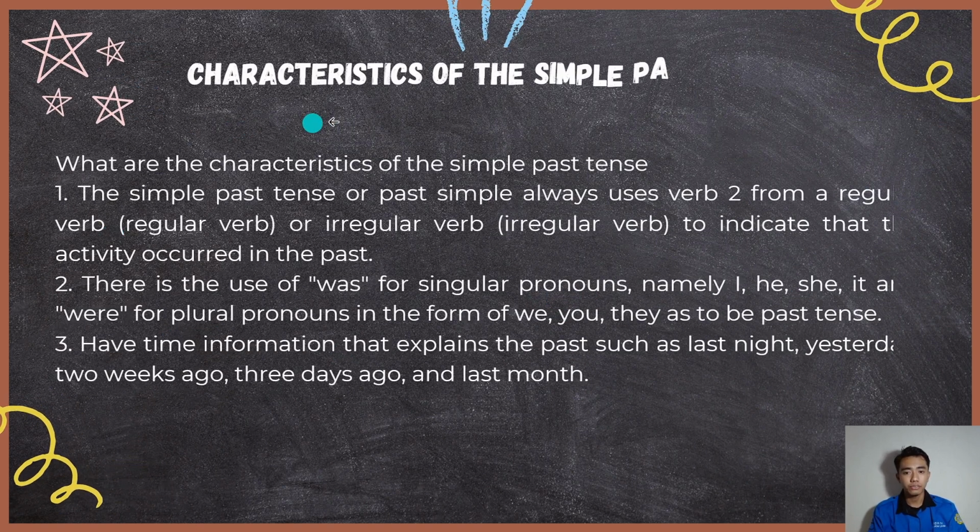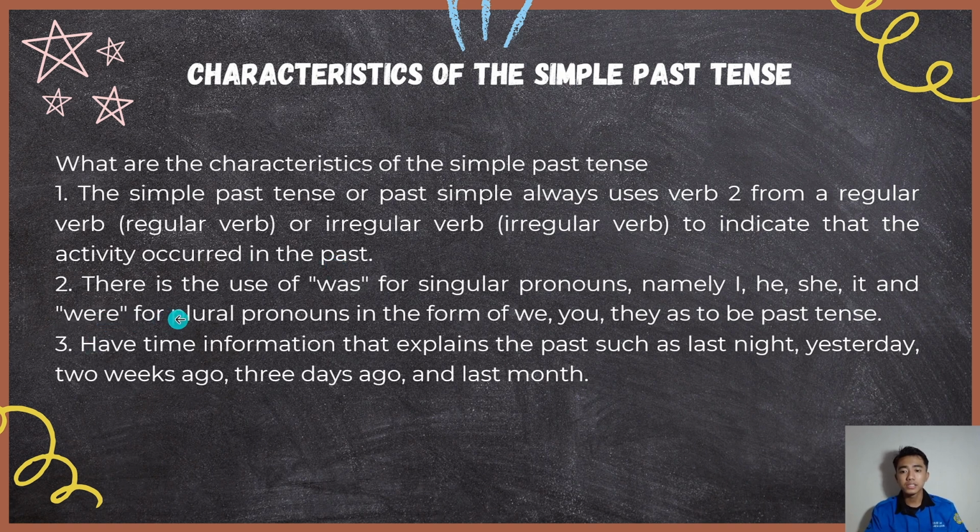Next, characteristics of the simple past tense. What are the characteristics of the simple past tense? First, the simple past tense or past simple always uses verb 2, from a regular verb or irregular verb, to indicate that the activity occurred in the past.